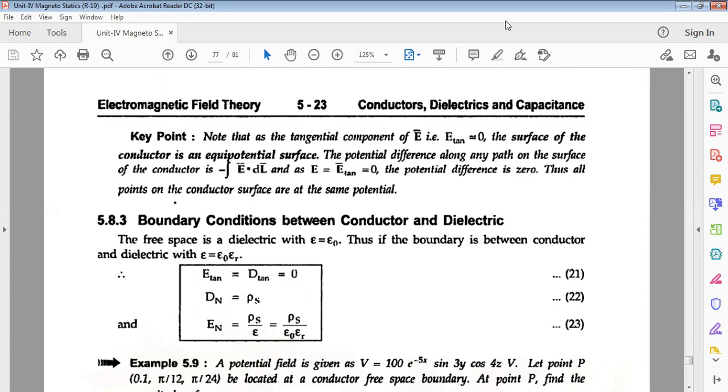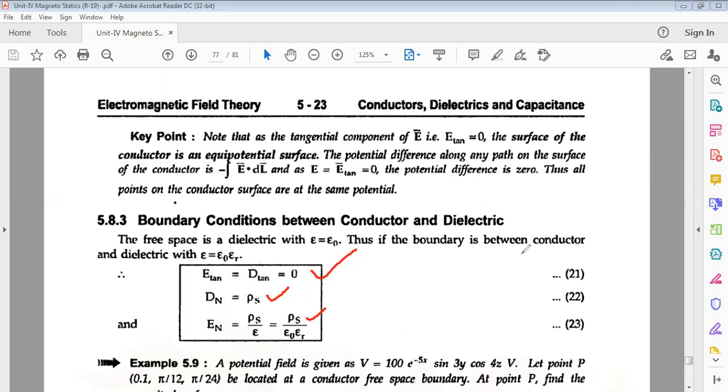Finally, at the boundary between a conductor and the dielectric, E tan is equal to D tan, that is equal to 0. And the normal component Dn is equal to rho s, En is equal to rho s by epsilon, that is epsilon naught epsilon r. In free space, epsilon r is equal to 1, so the dielectric epsilon is equal to epsilon naught.